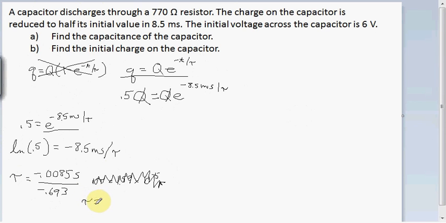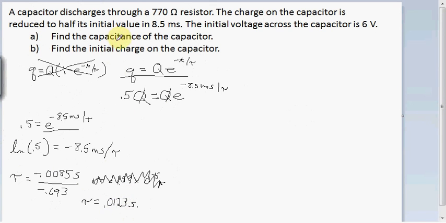Tau is equal to, where'd that go? There it is, 0.0123 seconds. Now that's not what we want to find yet, but that'll get us closer.